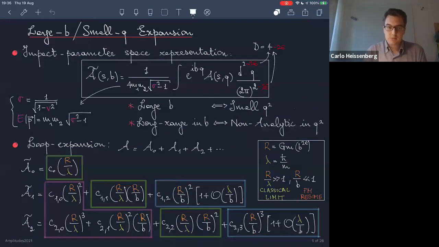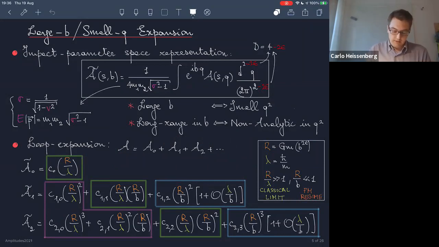More precisely, since we are interested in long-range terms in B space, we can safely disregard any analytic contribution in Q space. So let me write down the amplitude in the loop expansion and perform this large B expansion loop by loop order and see what we get.